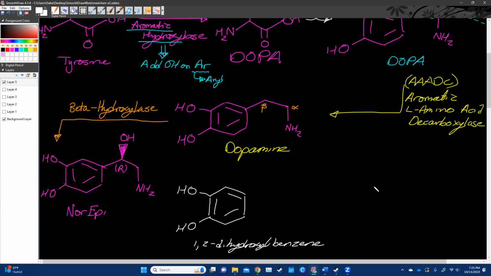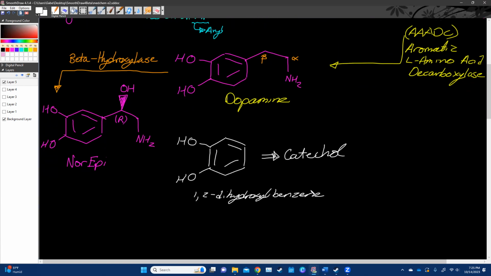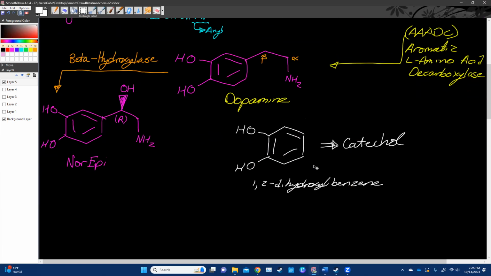Now, the 1,2 is more just relative positioning, that they are next to each other. But you can also have 1,3, you could have 1,4, different arrangements that would not be catechol, but would be able to have a specific output for the body. So the big thing here is that we have this catechol functional group.